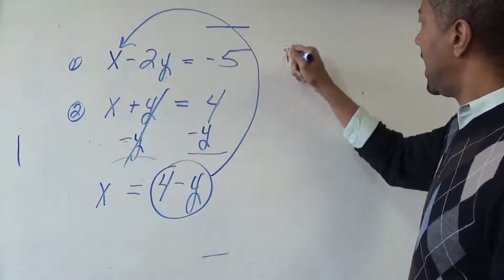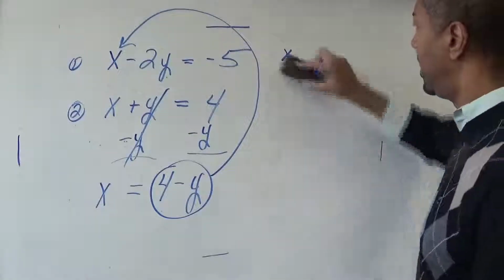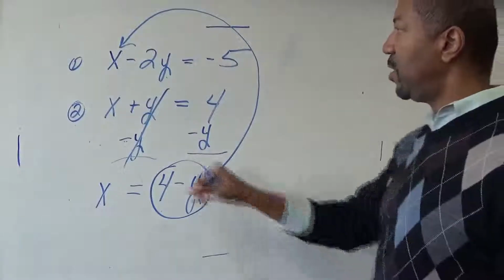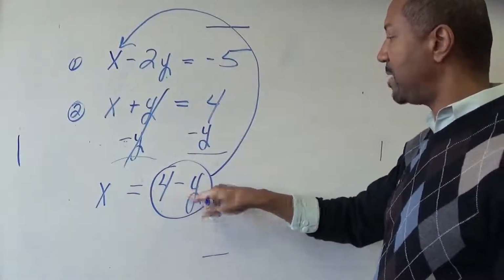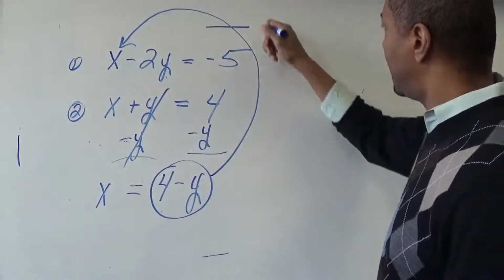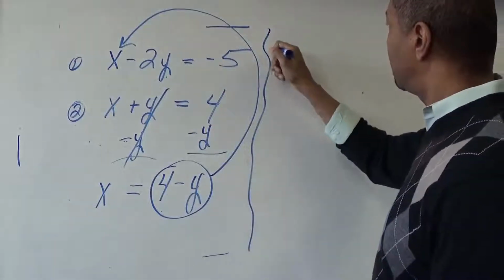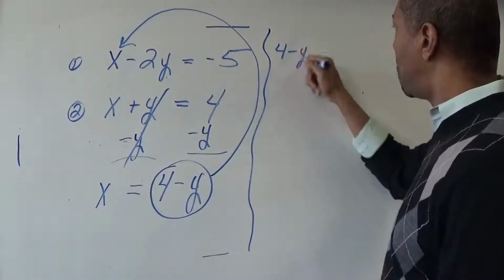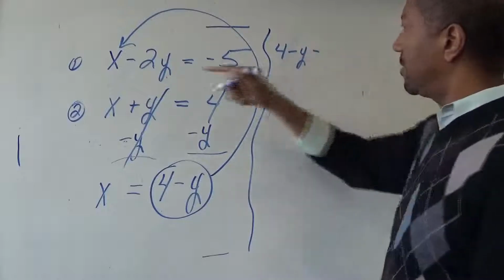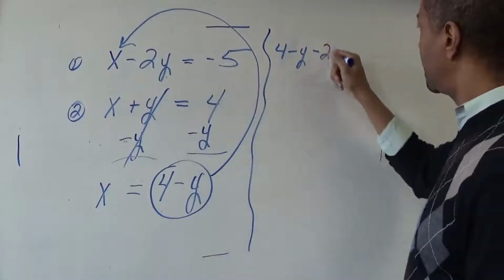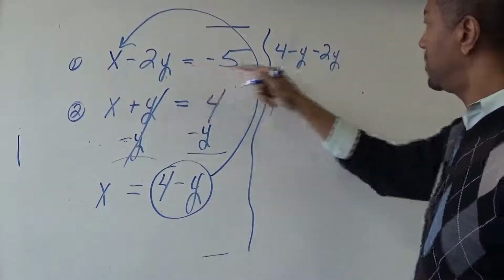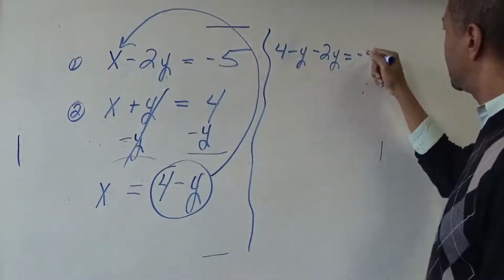So, since we know that x is 4 minus y, I'm going to write that down. 4 minus y minus the 2y is equal to negative 5.